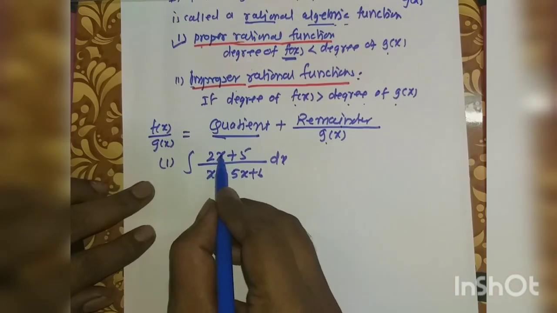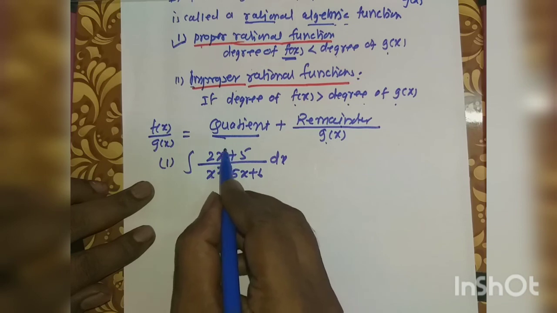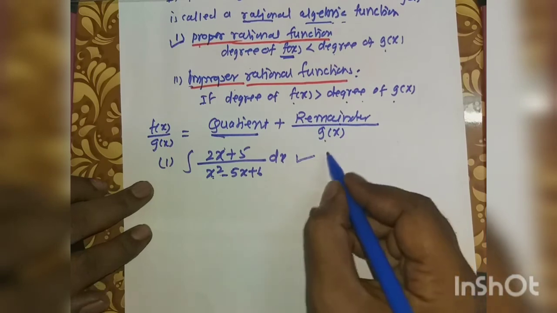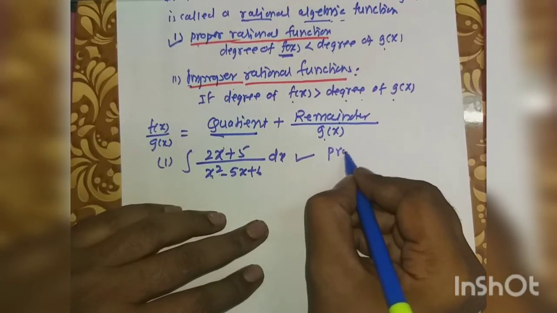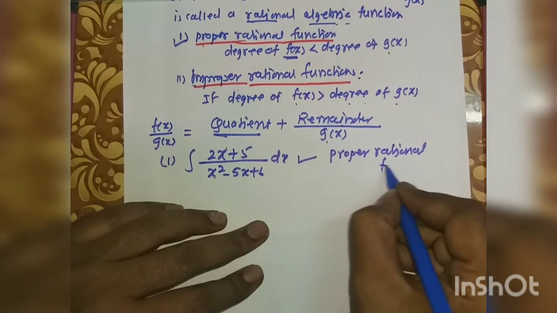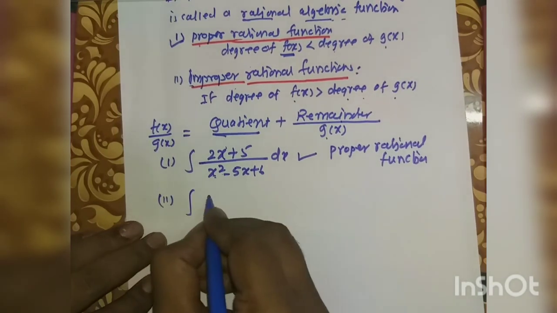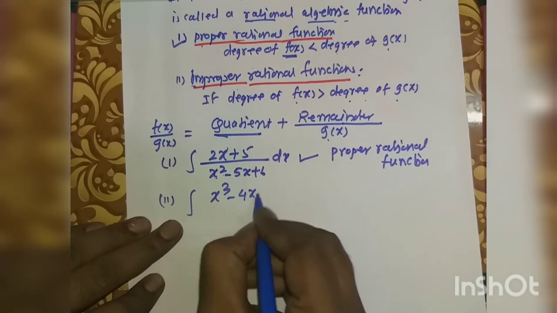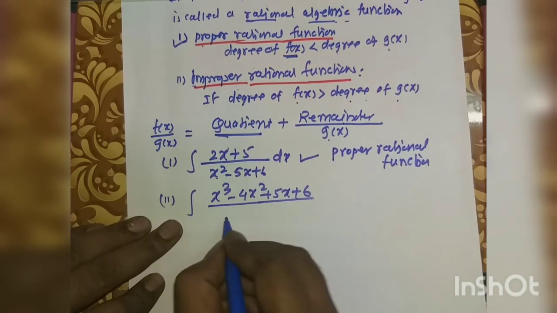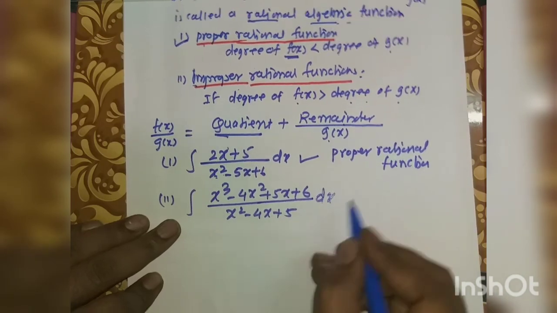Here the degree of f of x is 1 and the degree of g of x is 2, so it is called a proper rational function. And take the second example, the integration of x cube minus 4x square plus 5x plus 6 divided by x square minus 4x plus 5 dx.